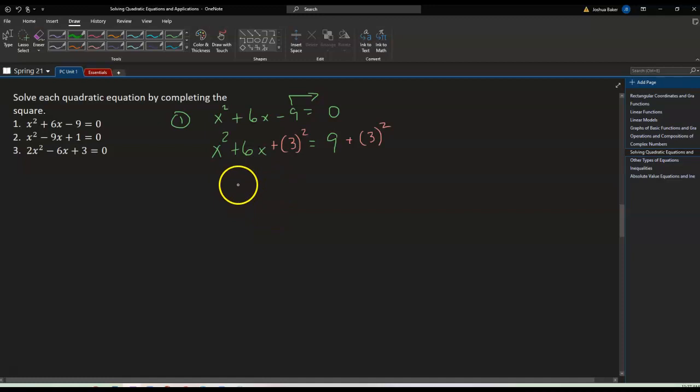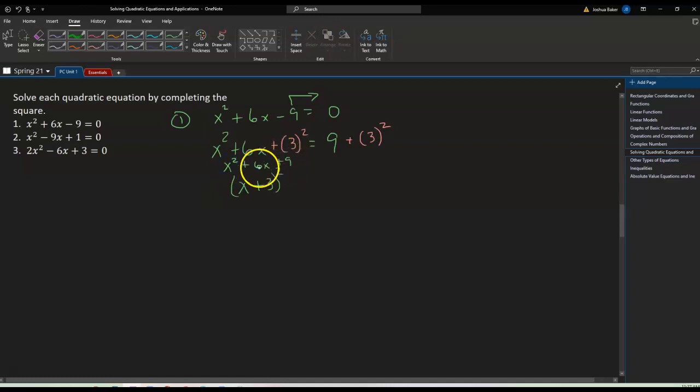Now here we can kind of put this on autopilot. I'm going to leave some space here to explain something. This is going to factor to an x plus a 3 squared. That's the way that's going to work out. Now why is that? Well, if I square that, it's x squared plus 6x plus 9.